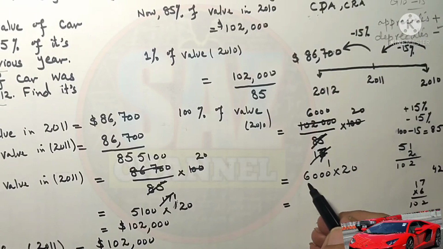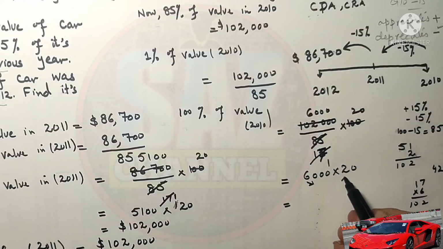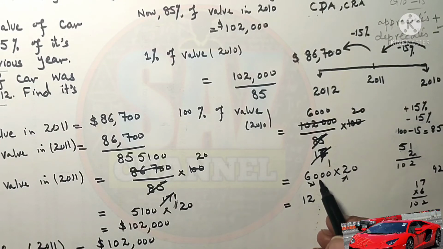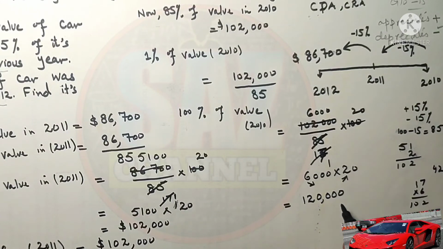Again, students, we will be multiplying 6 by 2, which becomes 12, and with 3 zeros, 120,000.